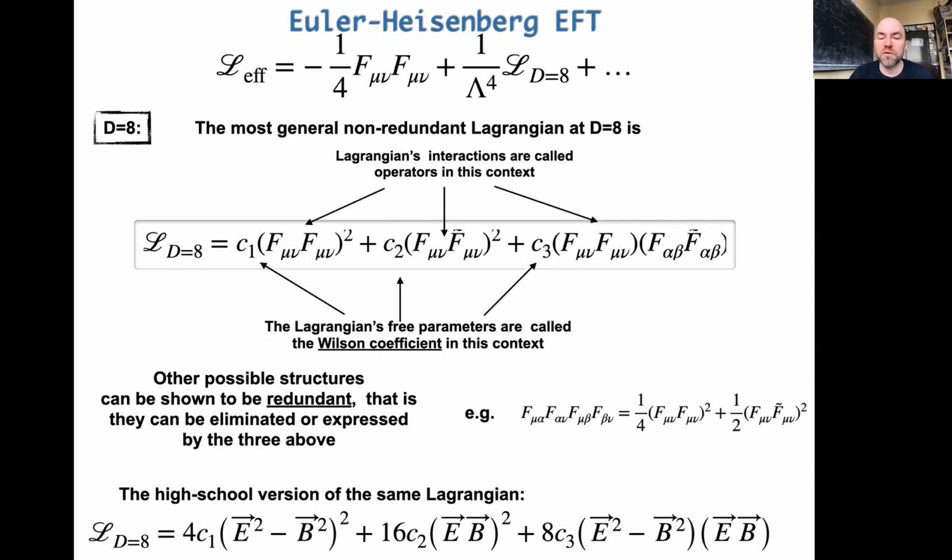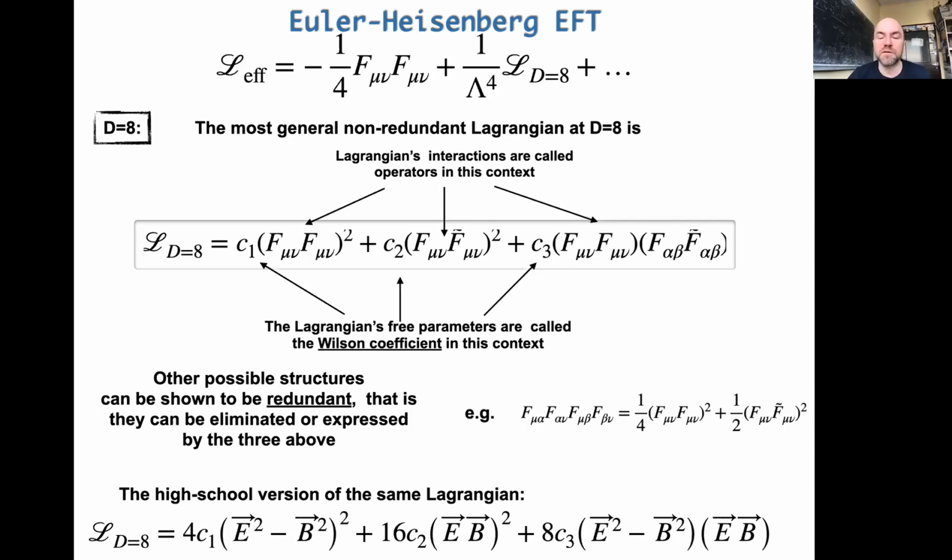I told you before that F mu nu tilde F mu nu is a total derivative, but if you square it, it's no longer a total derivative, because it's the square of a total derivative, but itself it's not a total derivative. So this is a legal term in the Lagrangian, and the last term is in between. We take F mu nu and F mu nu twiddle, the two possible building blocks, and put them together.